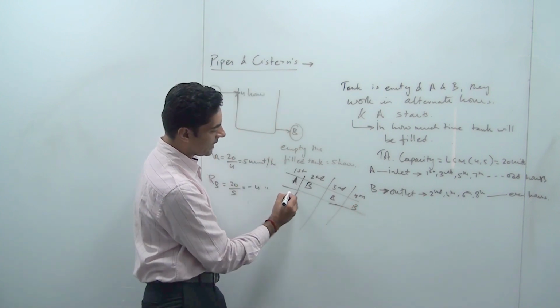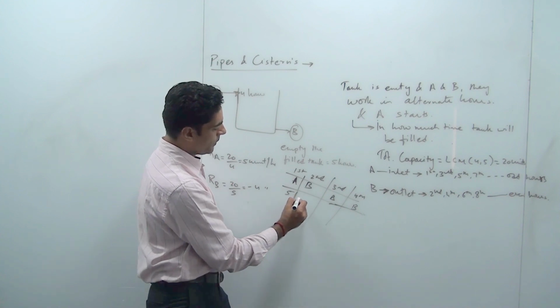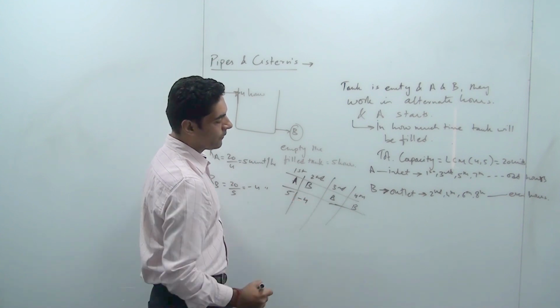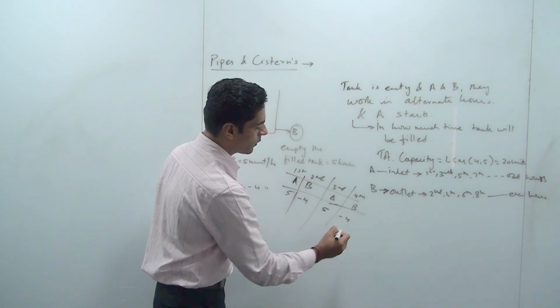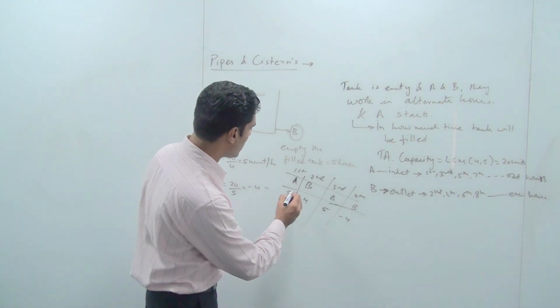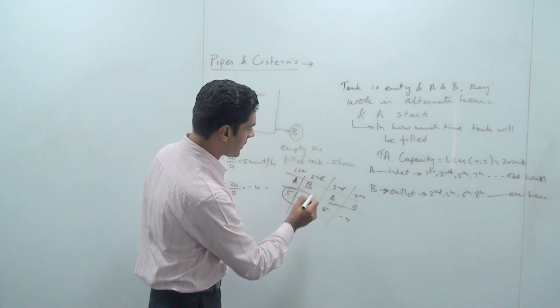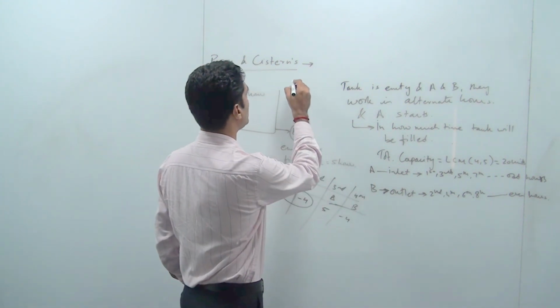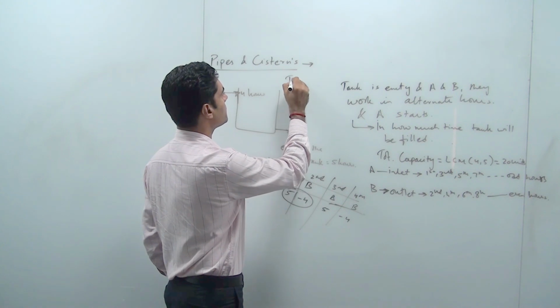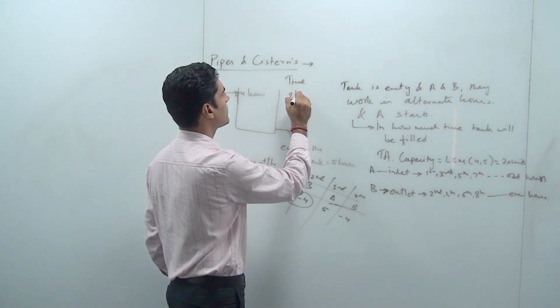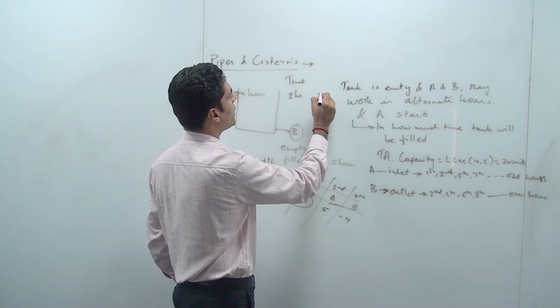A is an inlet, so it is filling 5, B is an outlet, which is emptying 4. Again 5 and 4. So what you can infer from this is that in 2 hours, that means the first and second taken together, effectively 1 unit of work is being done.